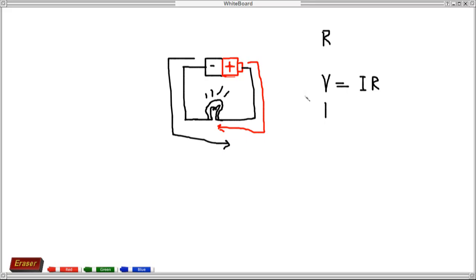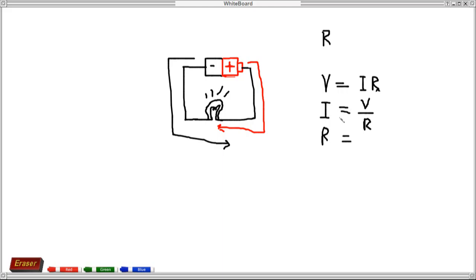Or you can say current is equal to voltage divided by resistance.